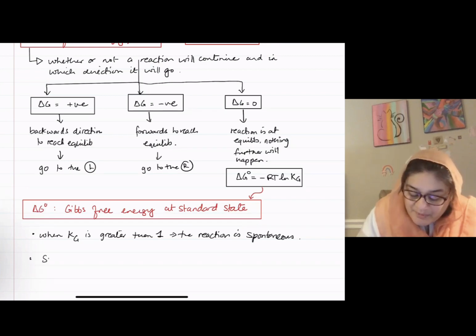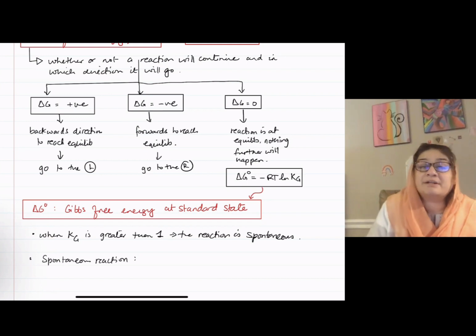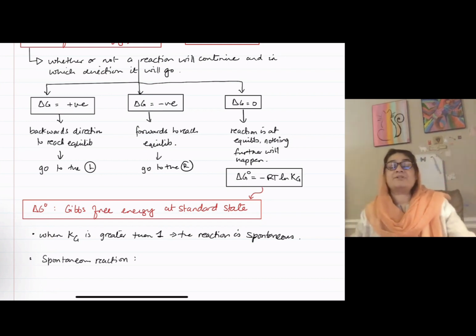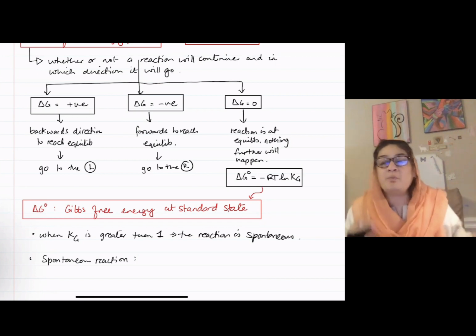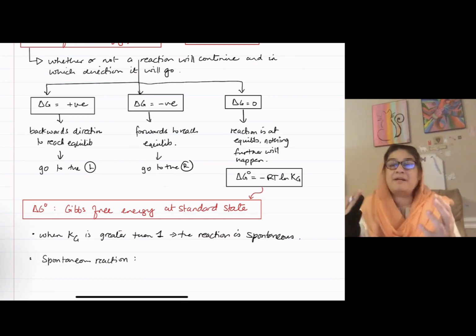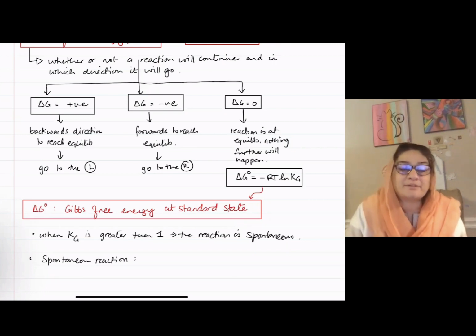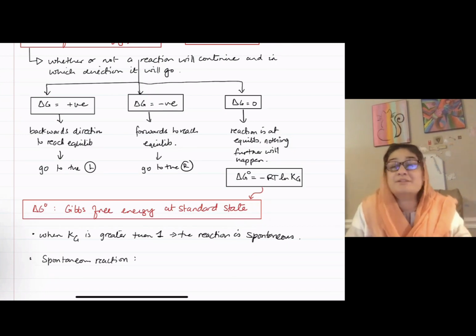And what do we know about spontaneous reactions? They happen automatically. You don't need to do any additional input of energy or anything like that, right? Once you initiate the reaction, it will continue forever. Well, not forever, but it will continue on its own.